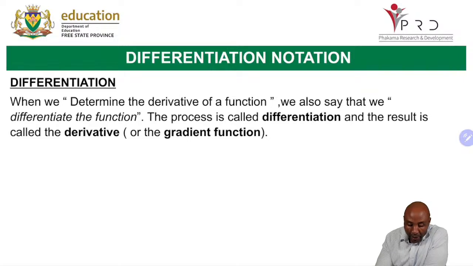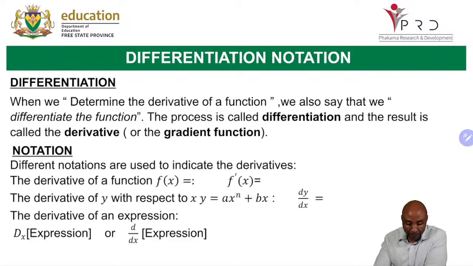Now, the notation. We determine the derivative of a function. We also say that we differentiate the function. The process is called differentiation, and the result that we get is called the derivative or the gradient function. Now, the notation: if we are given our function in terms of f of x, the derivative is f dash of x.